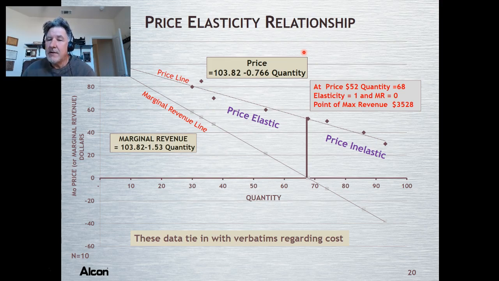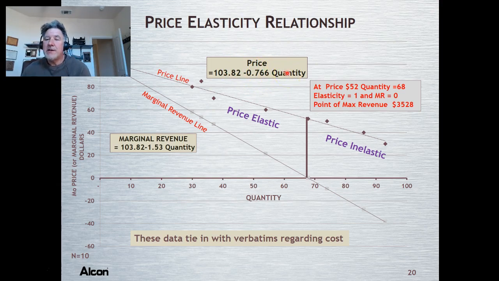In the survey, we had a price elasticity question relative to price versus quantity. We plotted a scattergram and then regressed the data, which gives you this equation: price is this 103, your y-intercept, and then the slope times quantity.